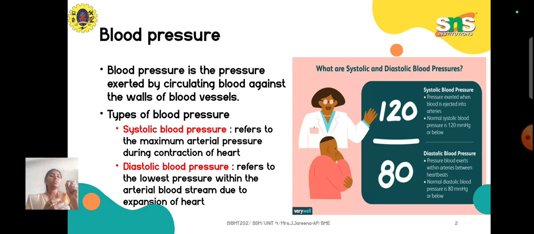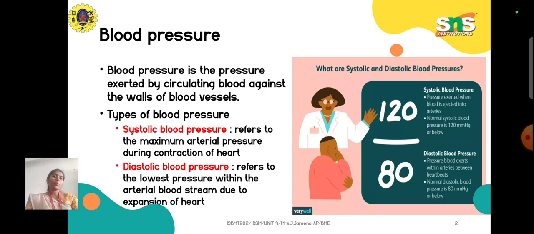For a simple trick to remember systolic and diastolic: systolic is for contraction, S for C, contraction of the heart, and diastolic is for relaxation, dia in the sense of relax. Relaxation of the heart is the diastolic.